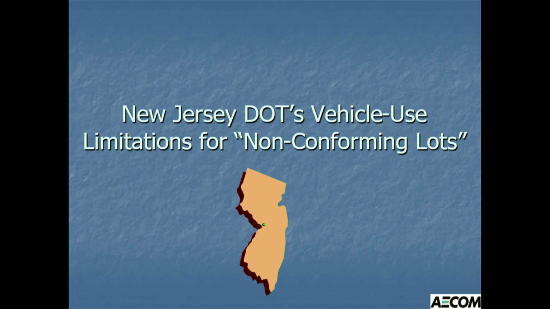The legislature recognized that, so they established the act that gave New Jersey DOT a lot of authority to implement spacing criteria, a classification system, access management plan provisions, and also provisions relating to what was referred to as non-conforming lots.